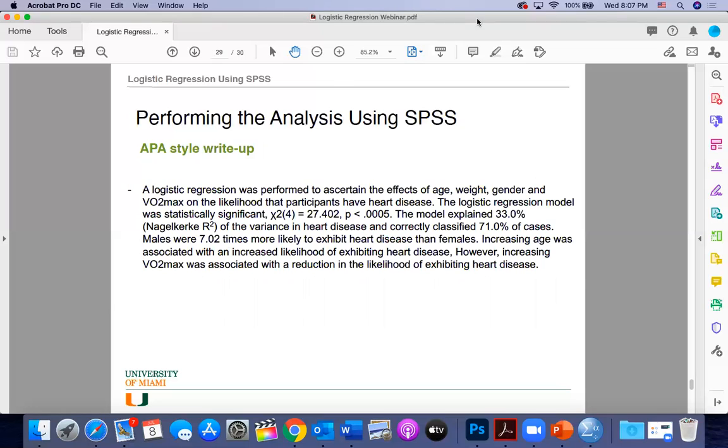So this is how you perform logistic regression using SPSS. Do you guys have any questions?